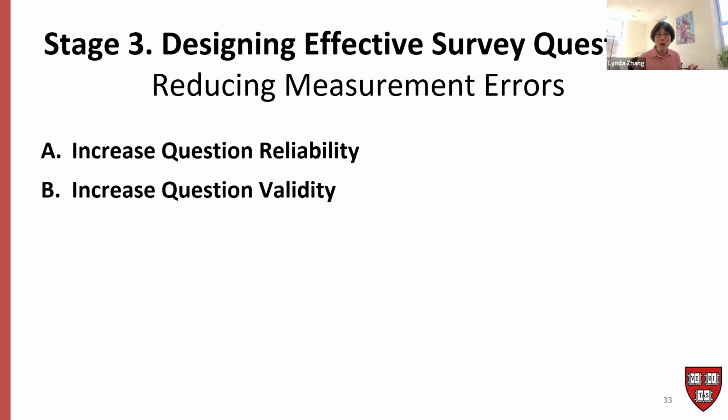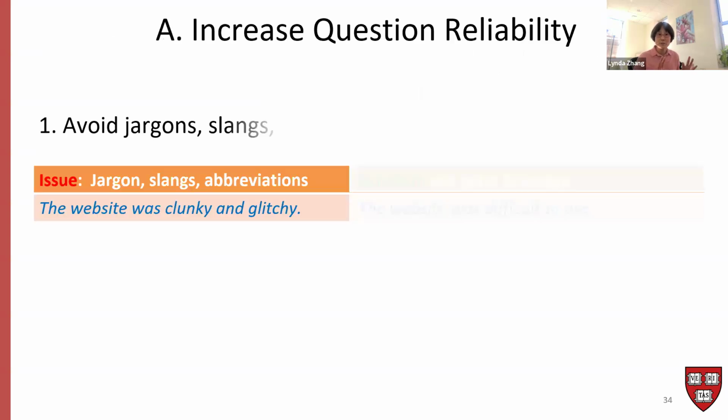So we'll talk about 7 strategies to increase reliability and 6 strategies to increase validity. We'll list the issues first, and then talk about the strategy.